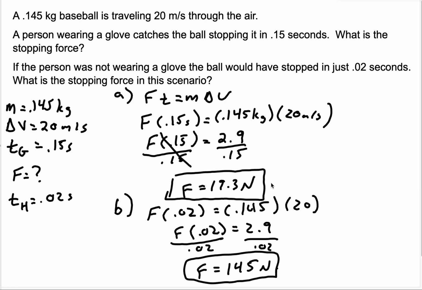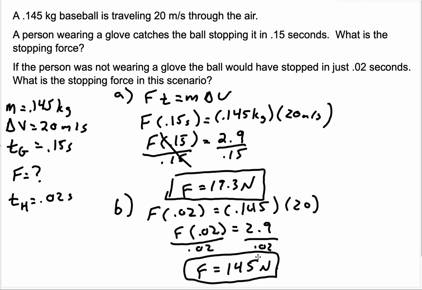Now, there are places where it'll hurt more than other places. So let's say that you weren't wearing a batting helmet and a baseball hit your skull. I'm sure you guys can figure out that your skull, because it's harder, the ball is going to stop in a shorter amount of time and the force will be higher, right? So it's very dangerous to be hit in the head with a baseball if you're not wearing a batting helmet, if it's being pitched at 90 miles per hour.